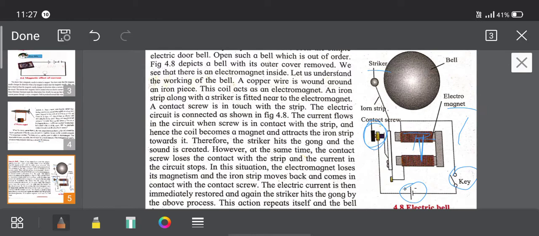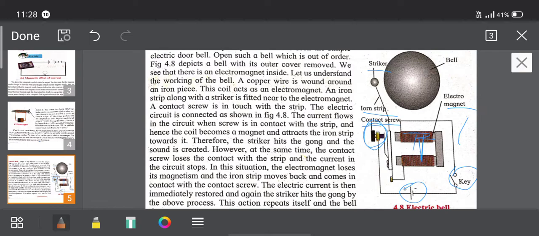The current flows in the circuit when the screw is in contact with the strip, and hence the coil becomes a magnet and attracts the iron strip towards it. Therefore the striker hits the gong and the sound is created.